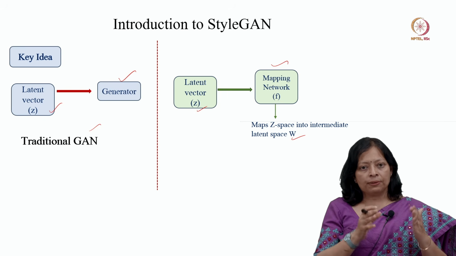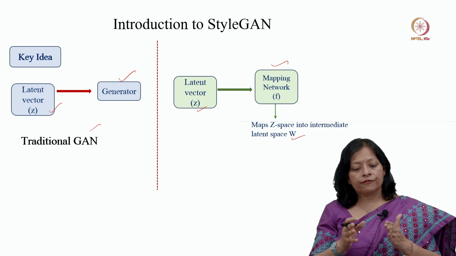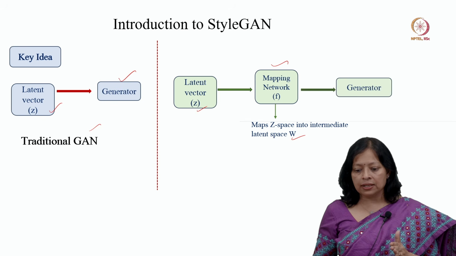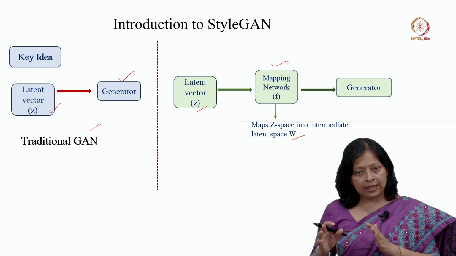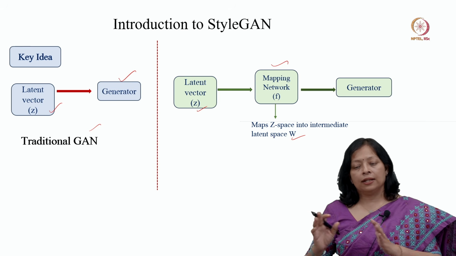So, the main difference is that the latent vector Z, instead of directly going to the generator, in the case of Style GAN goes to a mapping network F and then it goes to the generator.